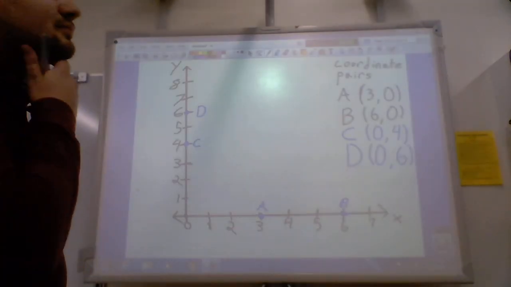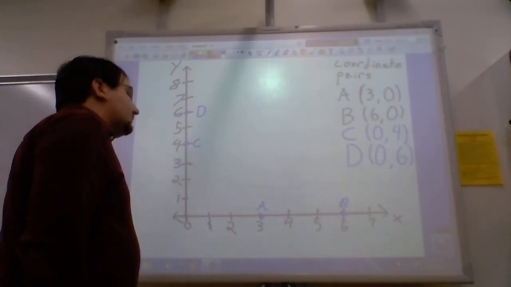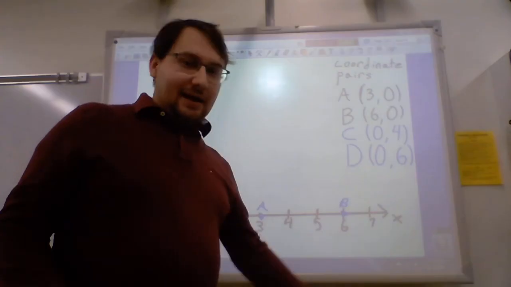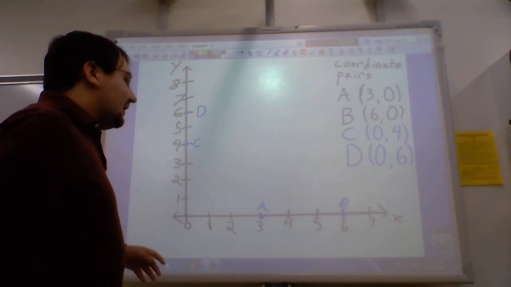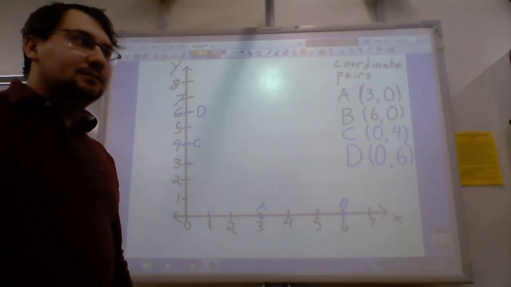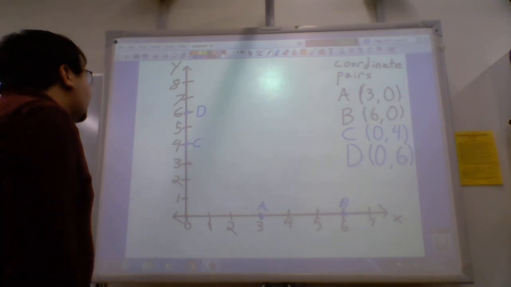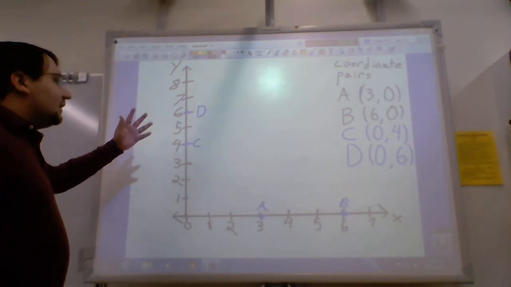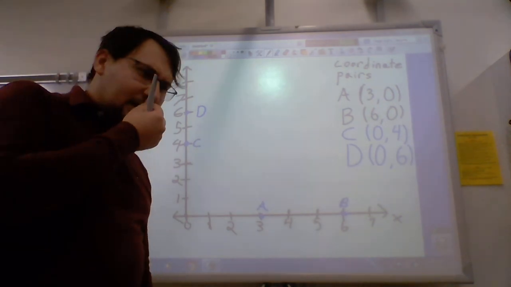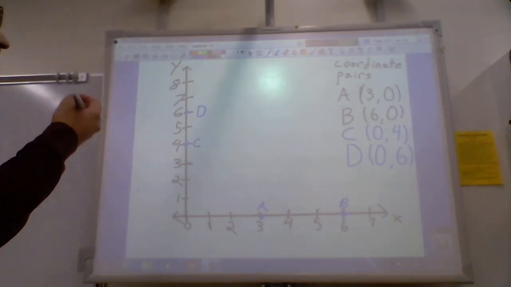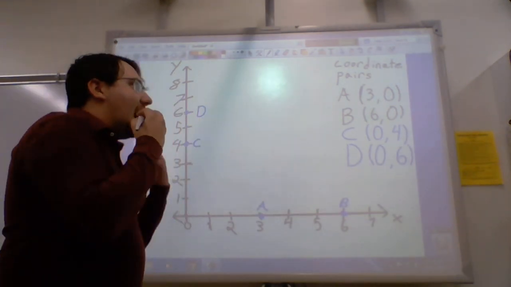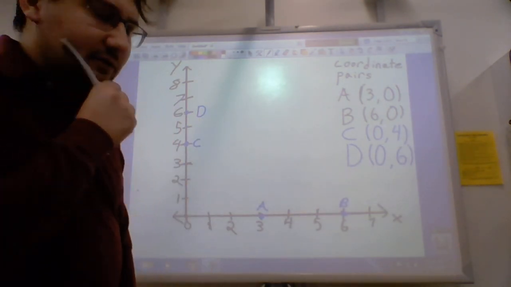Well, I think there's something else to think about. You see, we've looked at points on line X, and we found out that if it's directly on line X, well then it's at a 0 on line Y. And we figured out that if it's directly on line Y, it's a 0 on line X. But what happens if the point's not on either of the lines?